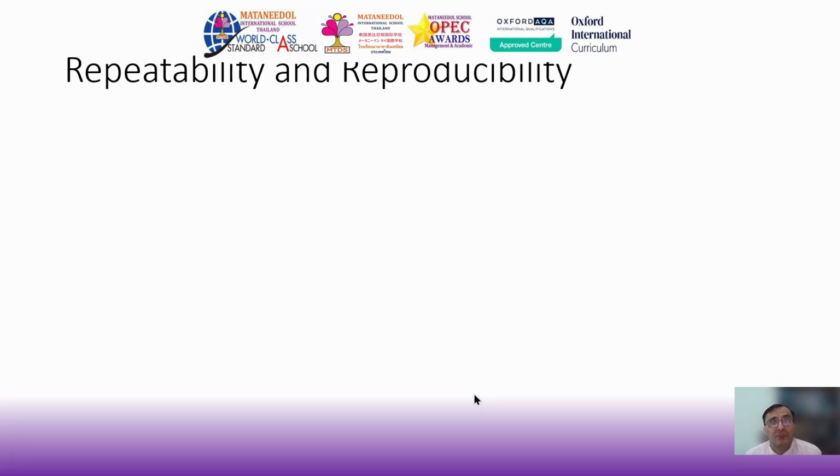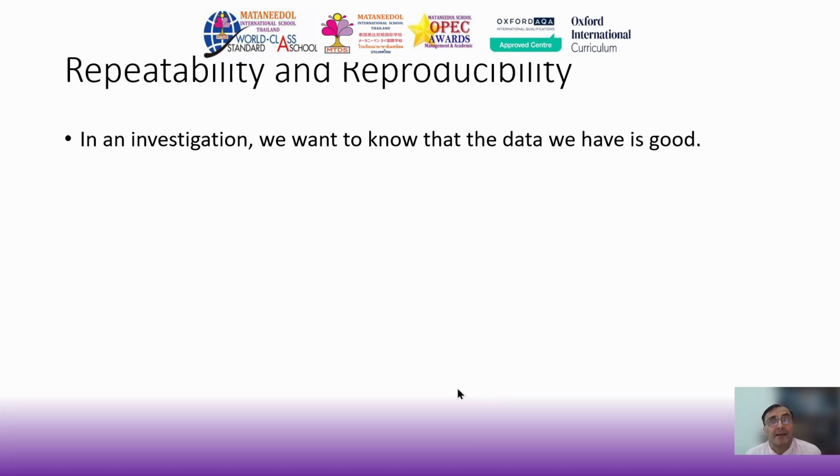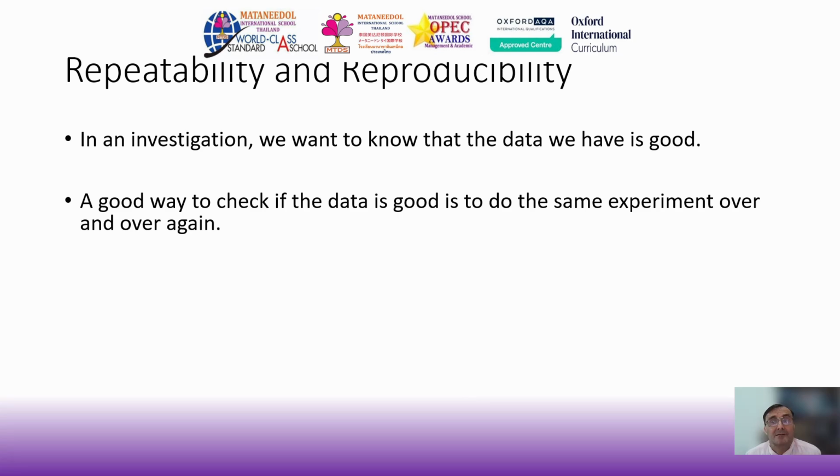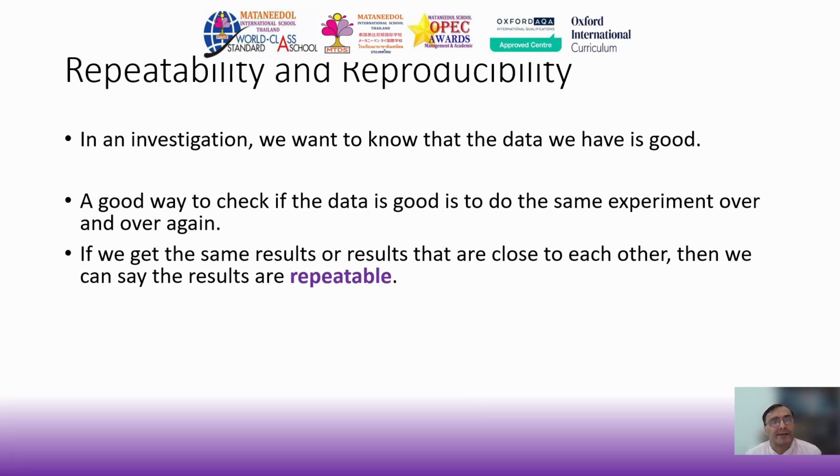Repeatability and reproducibility. In an investigation, we want to know that the data we have is good. So how can we achieve that? Well, just do it again. So if we get the same results or results that are close to each other, we can say the results are repeatable. But is that good enough?